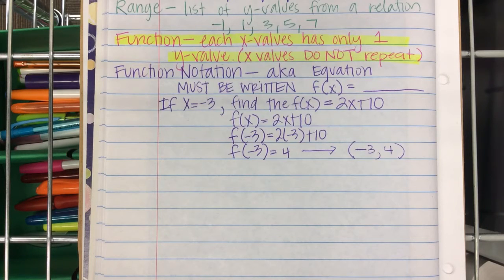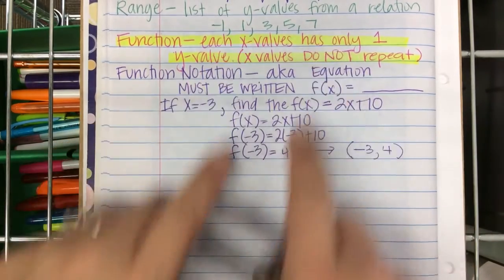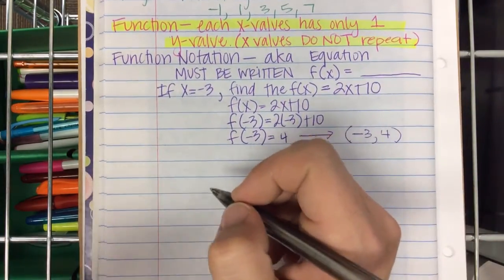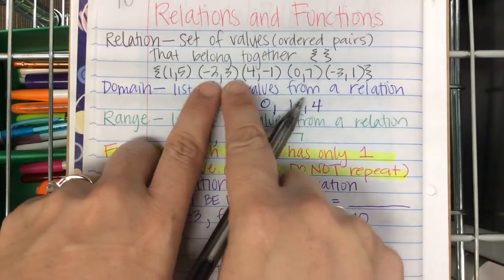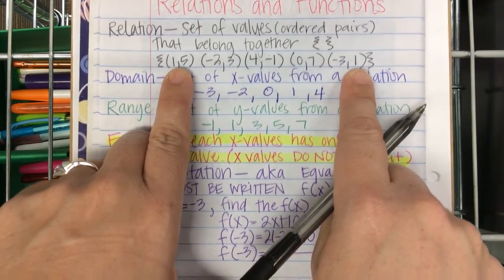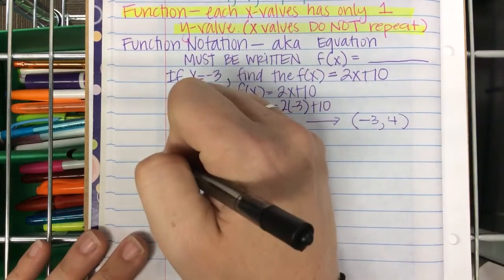All right, 3 other things. New information. Let's go to old information. There are 3 other ways. Besides writing a list, there are 3 other ways you could write relations or functions. One way is a table.